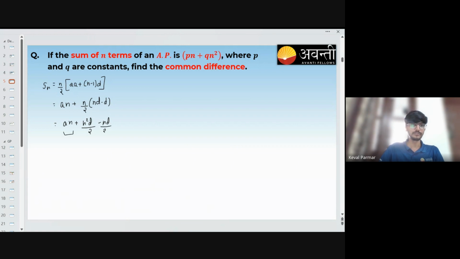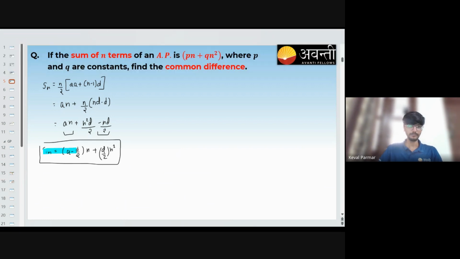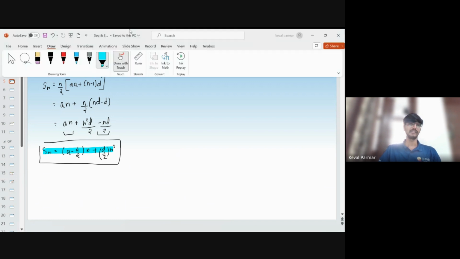Let us group these two terms of n and take n common. So if I take n common, guys, I'll get a minus d by 2, plus d by 2 into n square. So this Sn formula is very useful when we are given questions like this. So if you can see this and this highlighted one, let me use the black pen here.